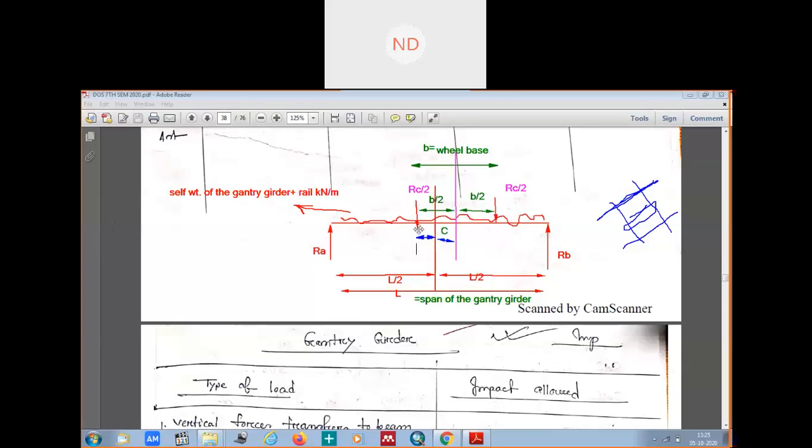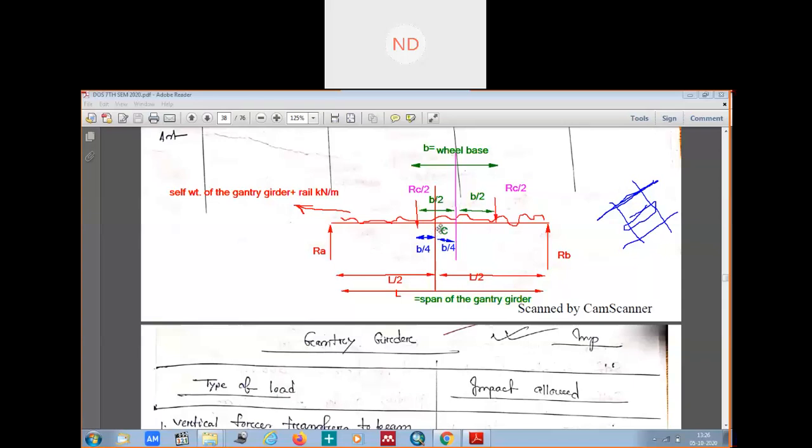That means from the center to the nearest wheel it should be B by 4, and this also B by 4. Understood? The wheelbase should be placed so that the distance from the center of the gantry girder to the nearest wheel and the distance to the center CG of the wheelbase are the same. So we have placed the wheelbase of the crane girder so that both distances are equal. B by 2 we know, so we have to divide this into B by 4 and B by 4.